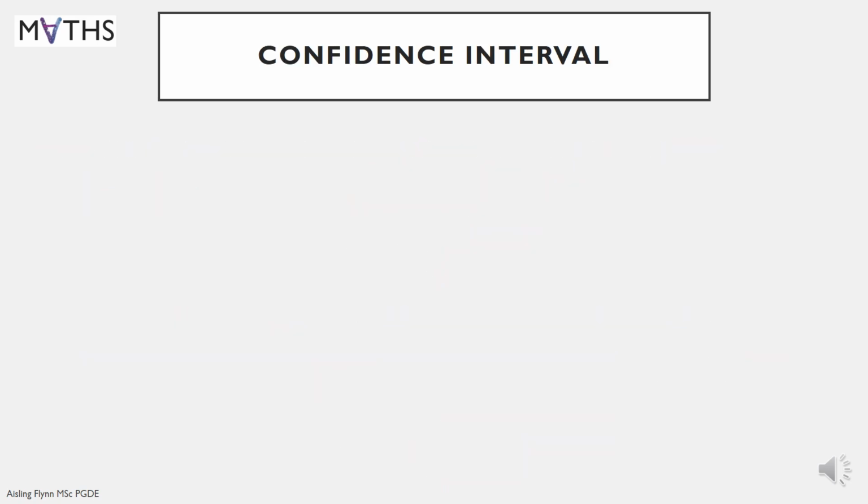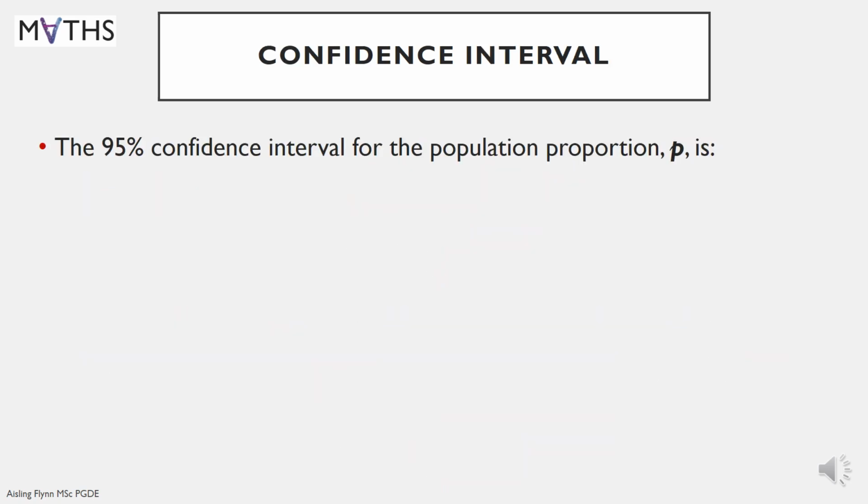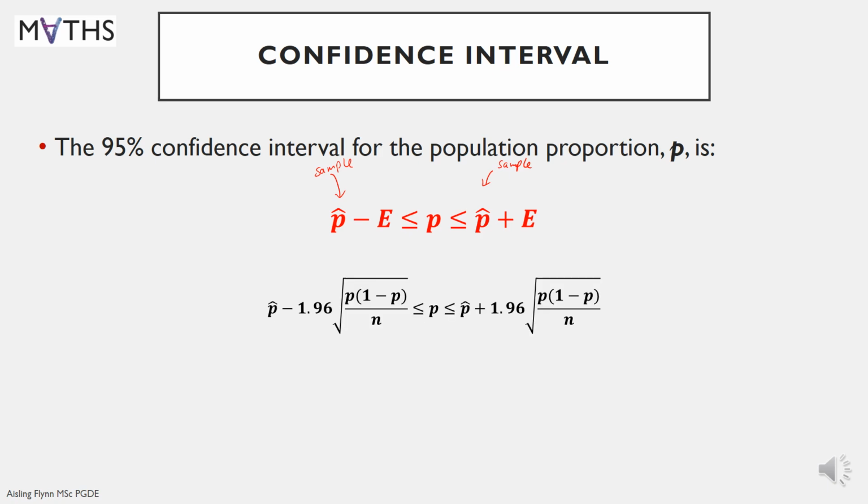Now let's construct our confidence interval. So the 95% confidence interval for the population proportion p. So where is p? p would be between the sample proportion minus the error and the sample proportion plus the margin of error. We've seen that before.